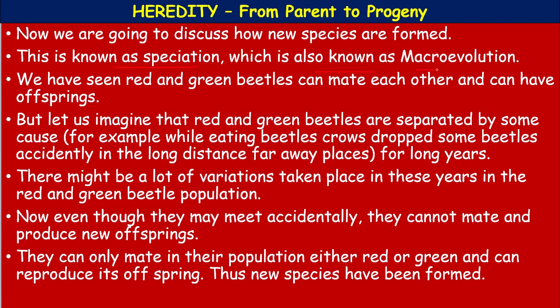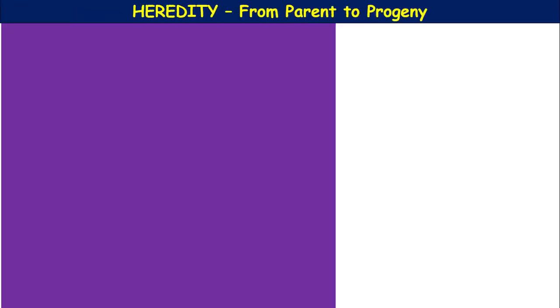They can only mate within their own population, either red or green, and reproduce their own offspring. Thus, new species have been formed. This is the reason how new species of beetles are formed, and this is one example of speciation.